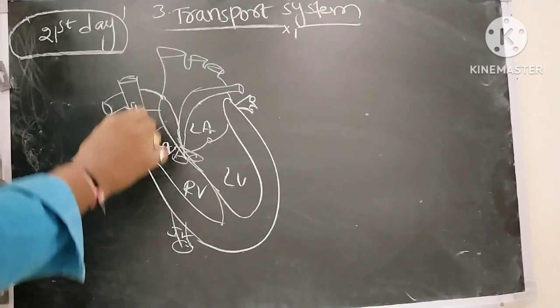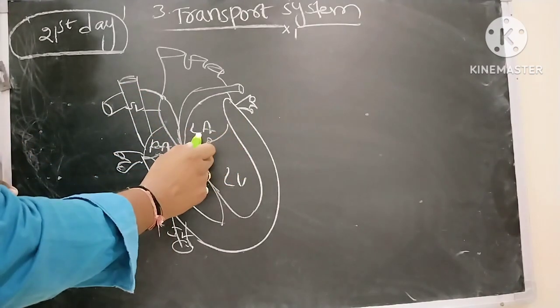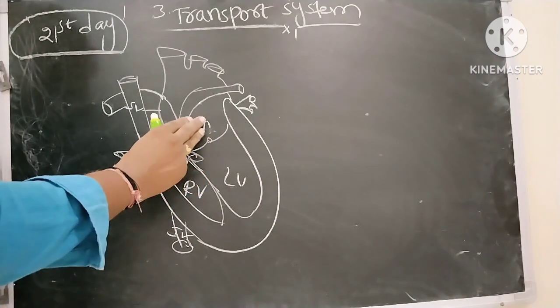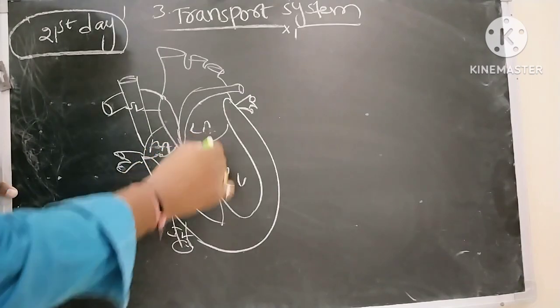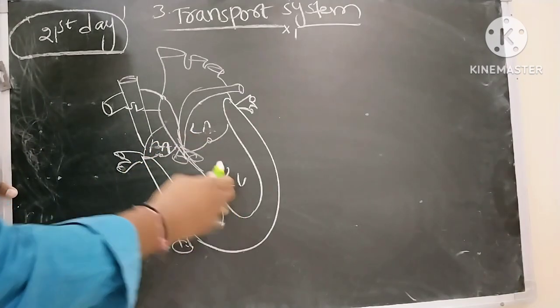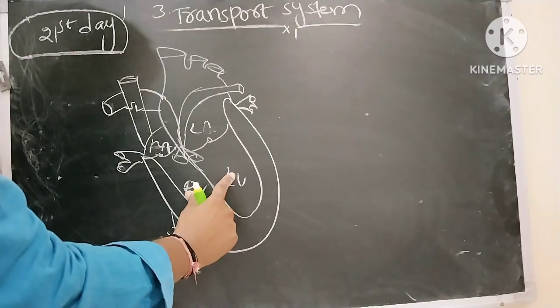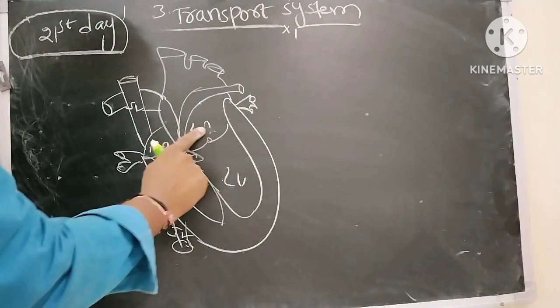Deoxygenated blood enters the right auricle and oxygenated blood enters the left auricle. Then both the auricles contract. As a result, the blood jumps into the ventricles. Then the work is completed by the auricles.